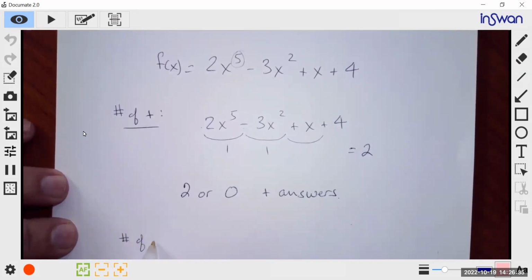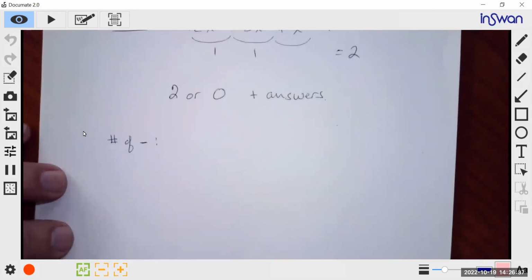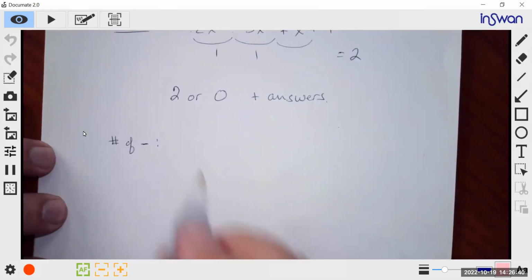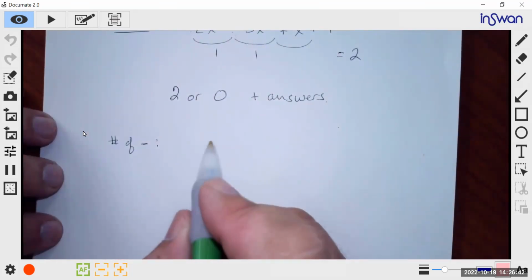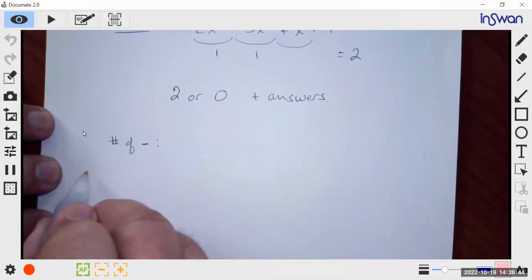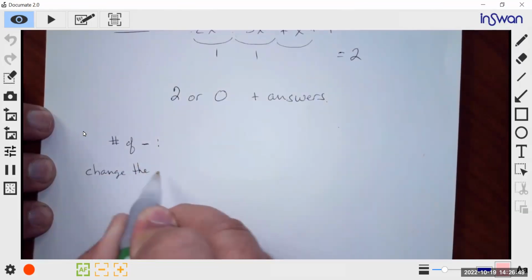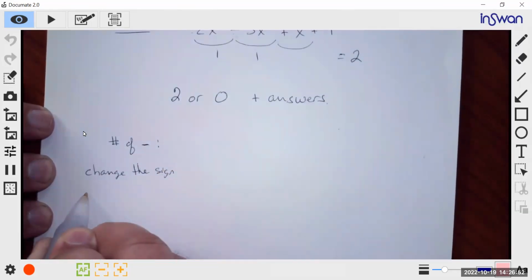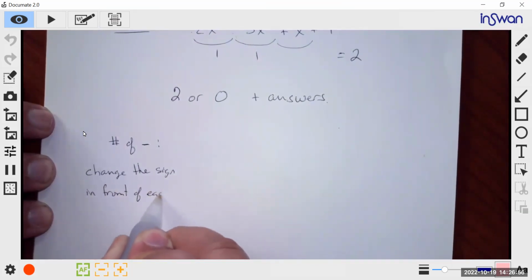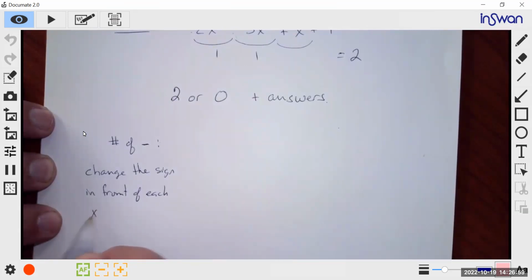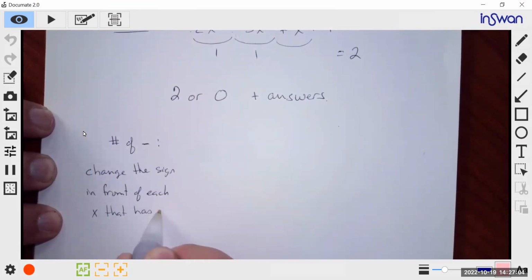The number of negative solutions: change the sign in front of each x that has an odd exponent.